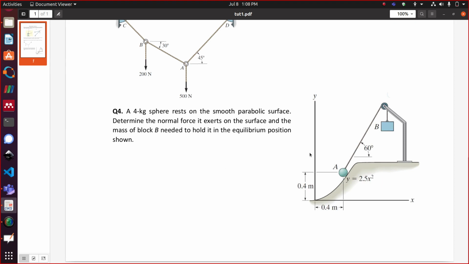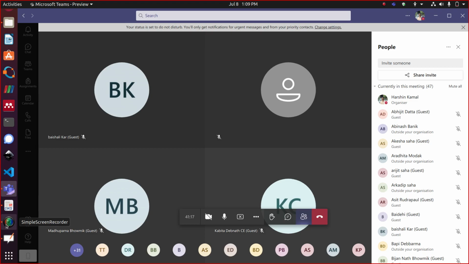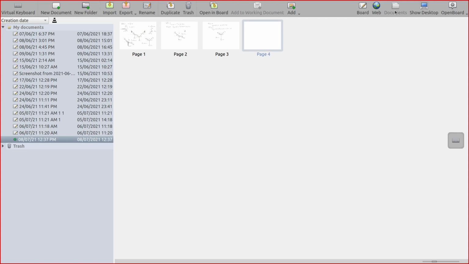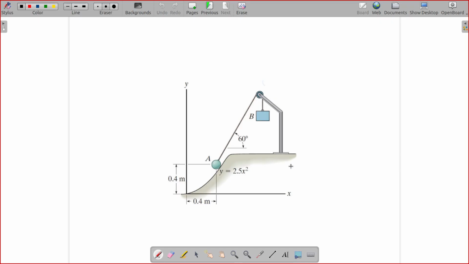And we need to determine the normal force it exerts on the surface and the mass of block B. Just as usual, our strategy will be to find the free body diagrams.